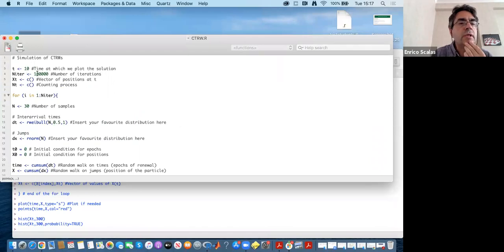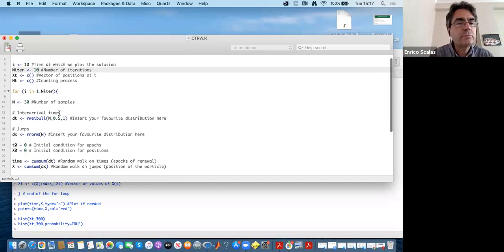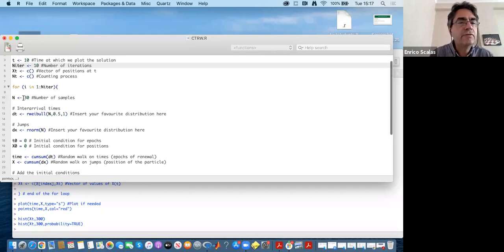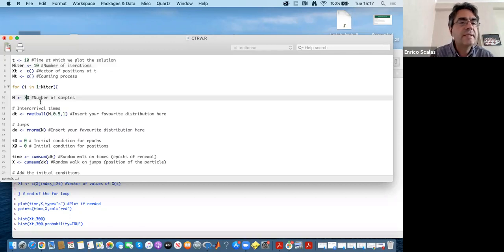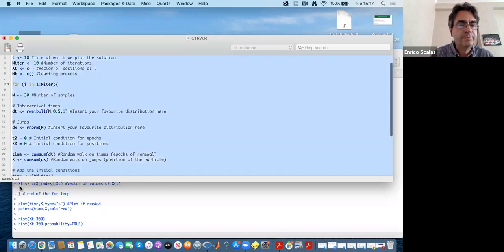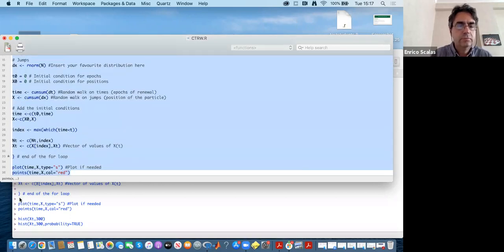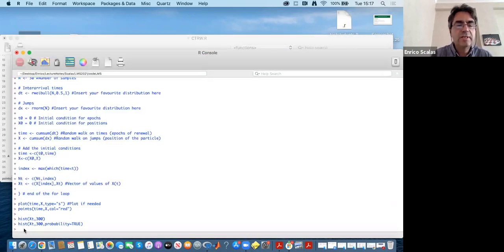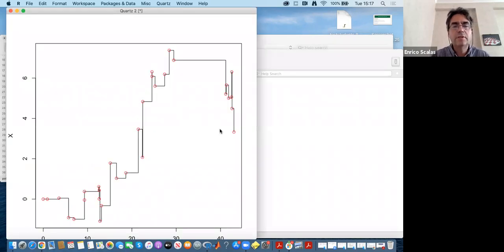Instead of considering 10,000 iterations, let us consider just 10 iterations. And let's start with 30 samples and rerun the program. We are just now using the program to plot the random walk.